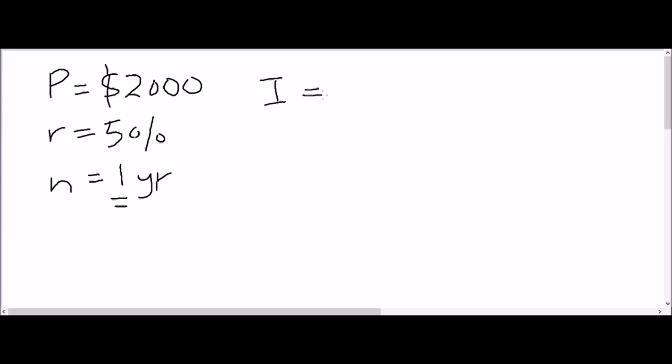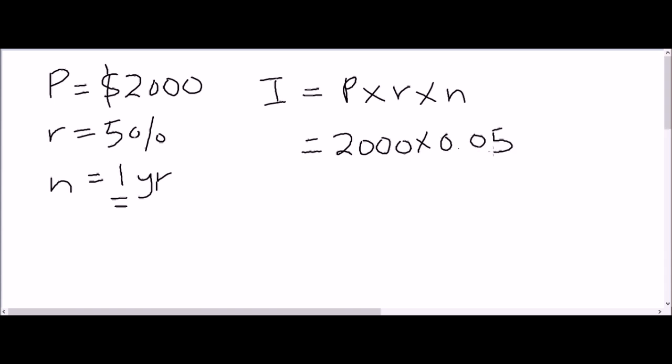Simple interest is equal to principal times rate times time. Principal is $2,000, so we have 2,000 times rate. 5% is the same as 0.05 because we'll divide it by 100, and the n or the time is just 1.